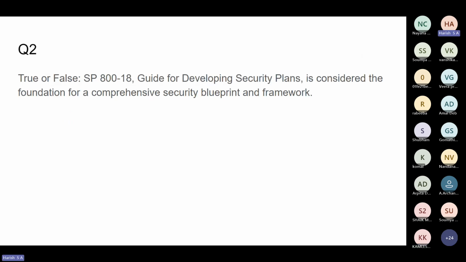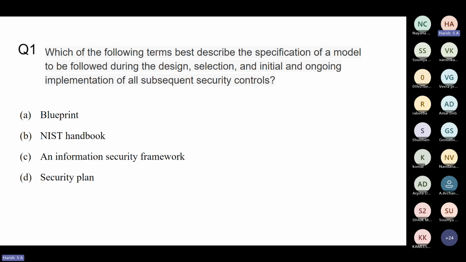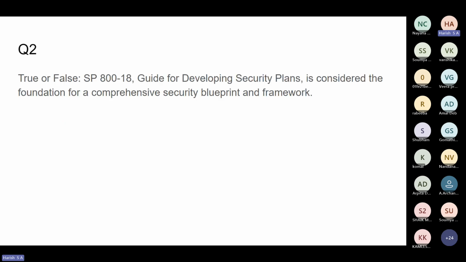Is it true or false? Pratiksha seems to have the answer. C. Okay. True or false? SP 800-18 Guide for Developing Security Plans is considered the foundation of a comprehensive security blueprint and framework. This is coming directly from what people have already set up.